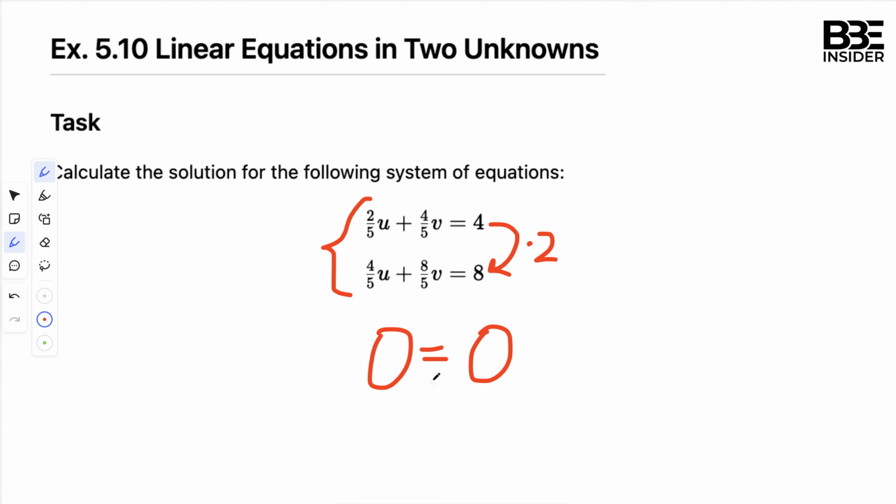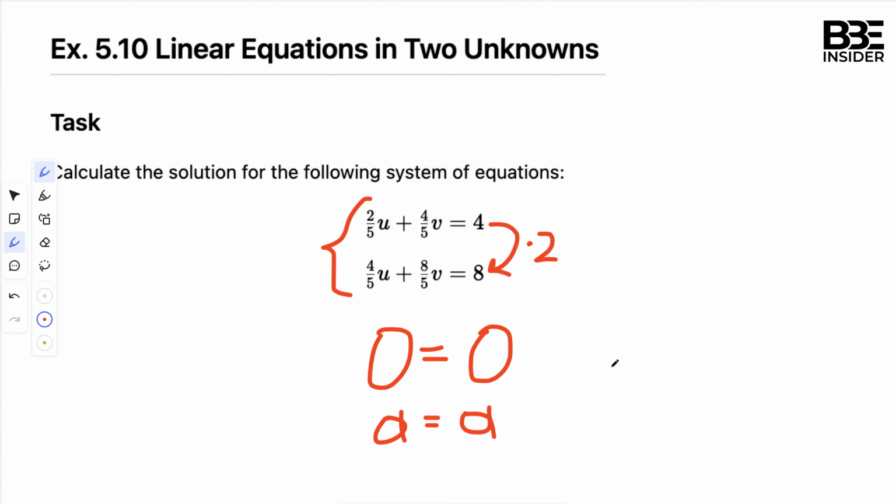You could experience it with any number. For example, if you have a variable a equals a, this is also a true expression, and this is your hint that you are dealing with a system of equations with infinitely many solutions.